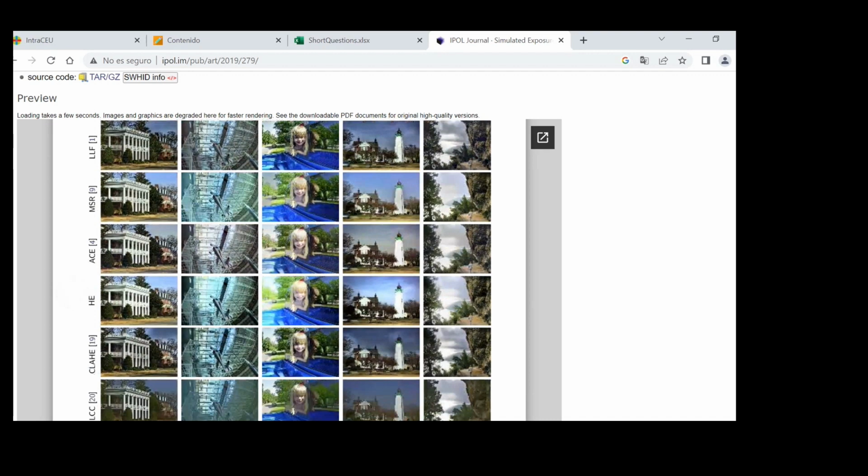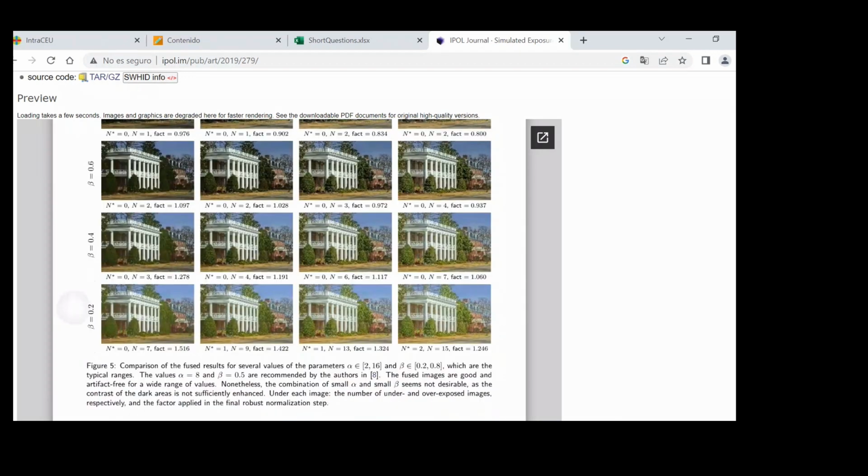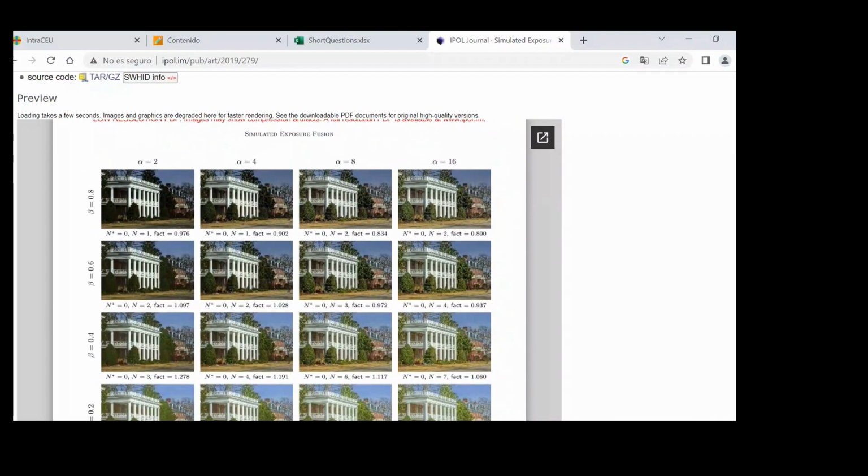The one without a reference is their proposed algorithm. Then you play with the different parameters to see the result. I play with alpha equal 2, beta equal 0.8, and I get this one. If I change alpha to 16 and beta to 0.4, I get this. You can see that by playing with the parameters you can produce many different things. Okay, any questions?